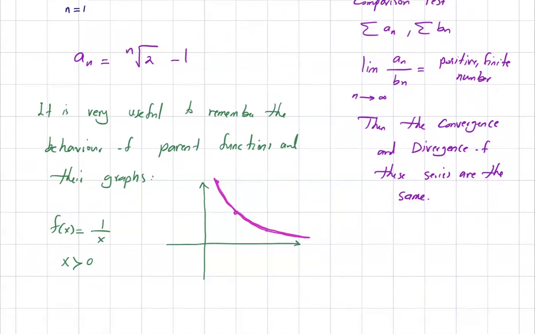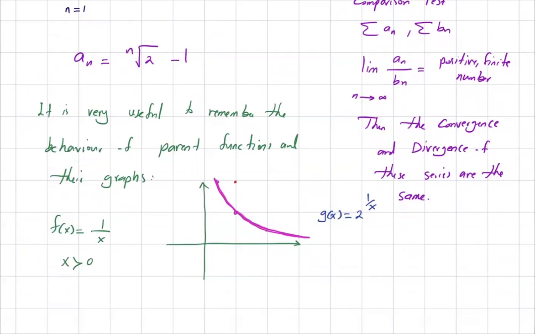The second function that I'm going to graph is g of x equals 2 to the power 1 over x. When I plug in 1 here, I get 2 back. When I plug in 2, I get the square root of 2.